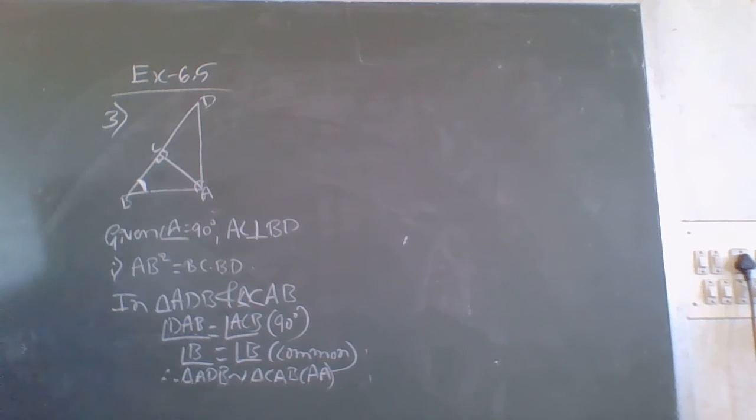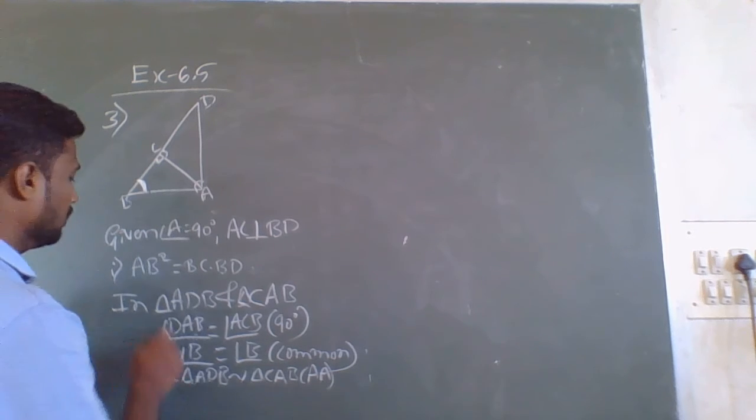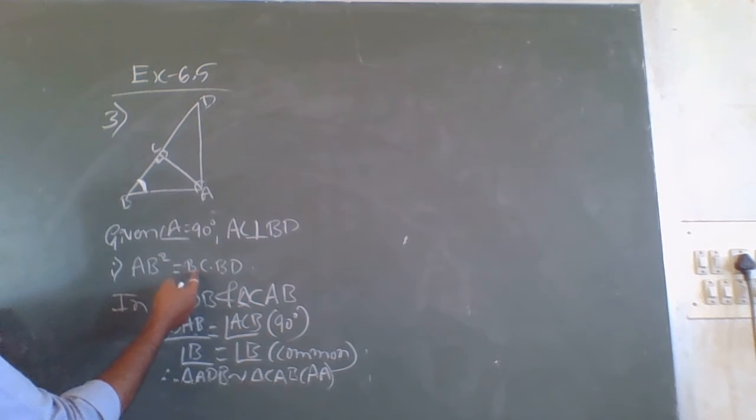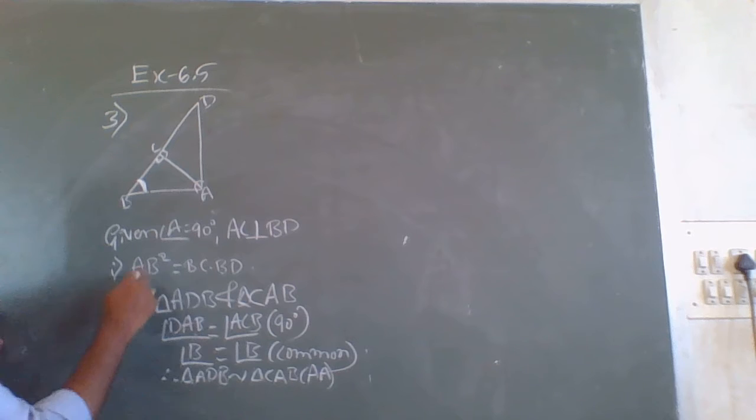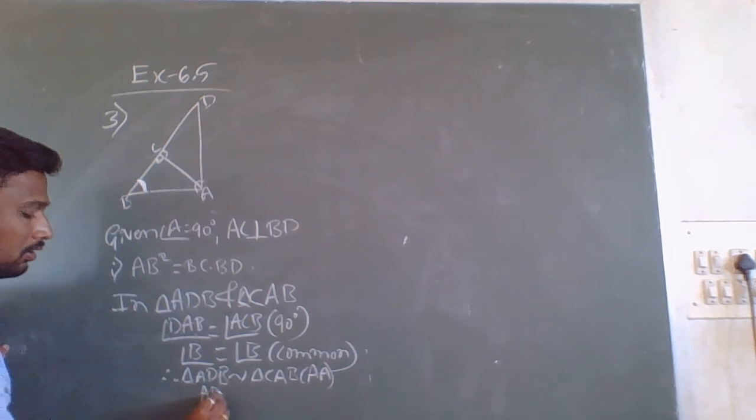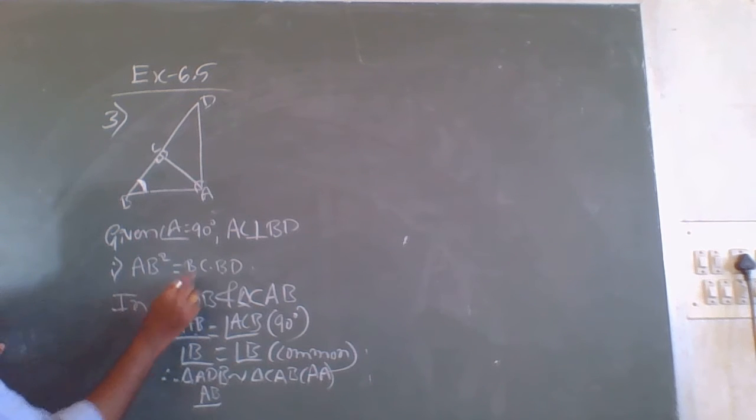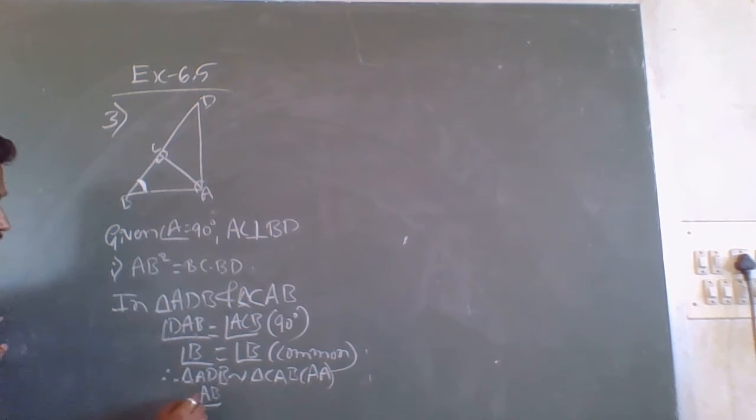By observing this given problem, AB square is equal to BC into BD, we can write corresponding sides. We should get AB square equals BC into BD only. So first I will write AB, and this BC comes below AB.